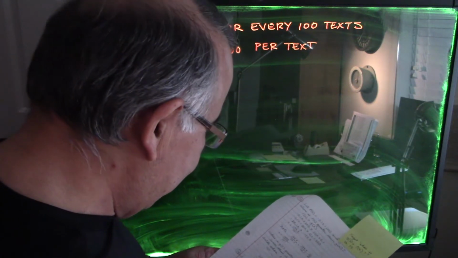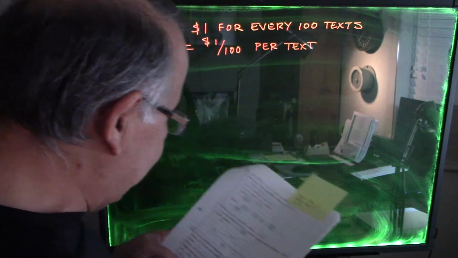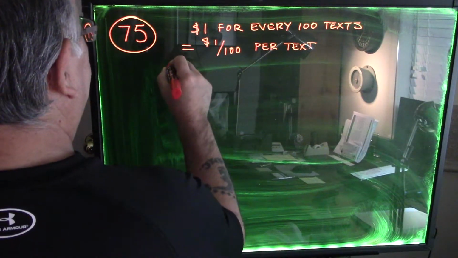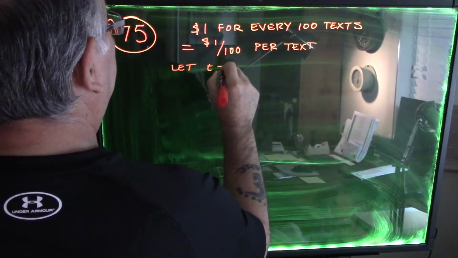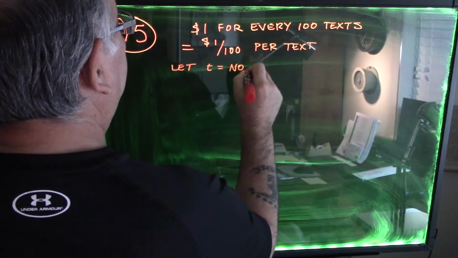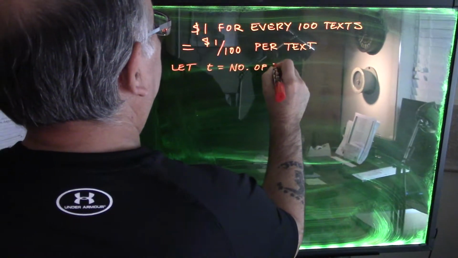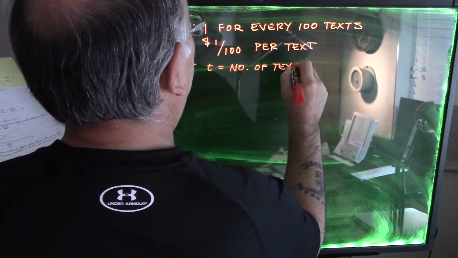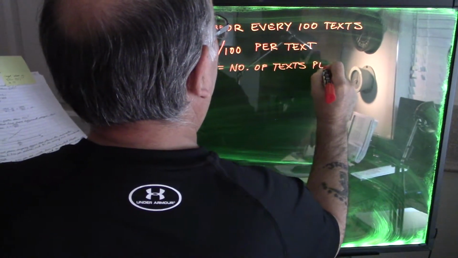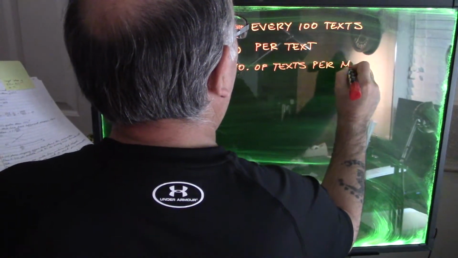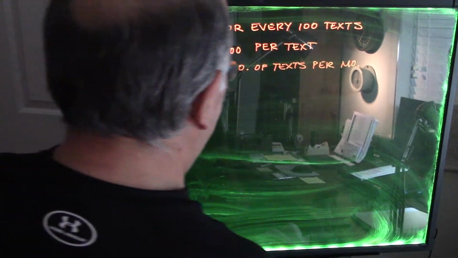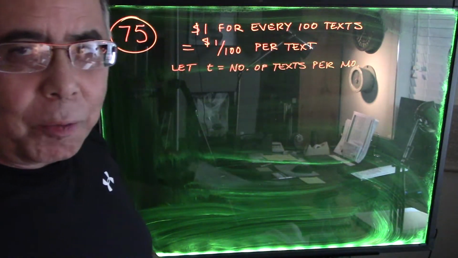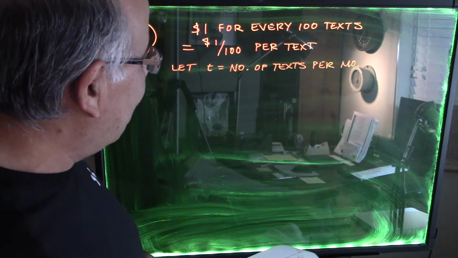All right. So we're going to let T equal number of texts per month. By the way, NO dot means number, in case you're not familiar with that. I don't see that too often anymore.